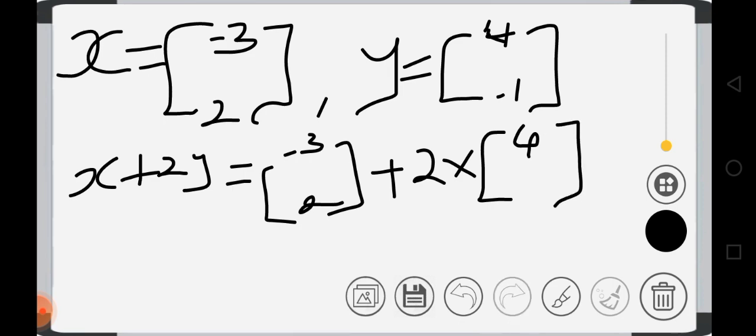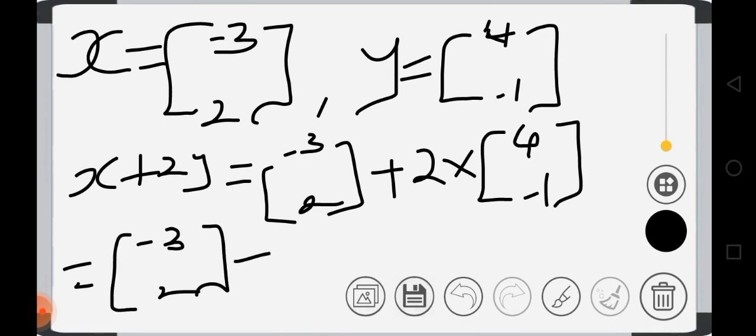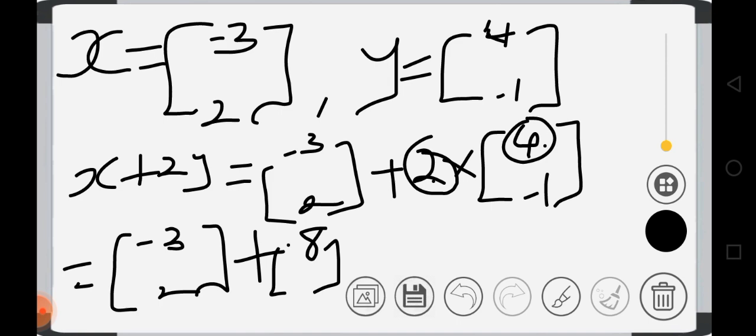So that'll give us (minus 3, 2) plus 2 times 4, which is 8, then 2 times minus 1, that is minus 2.